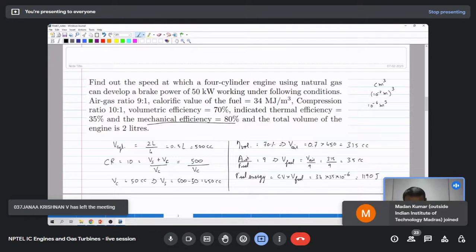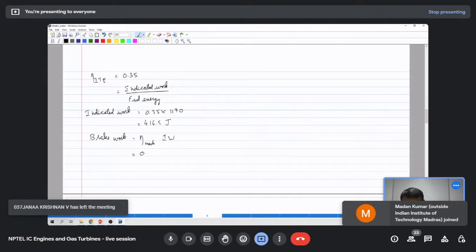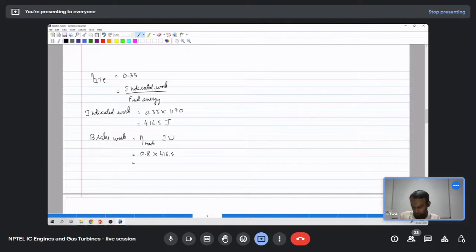Mechanical efficiency is given as 80%. So 0.8 times 416.5, that is 332 joules.